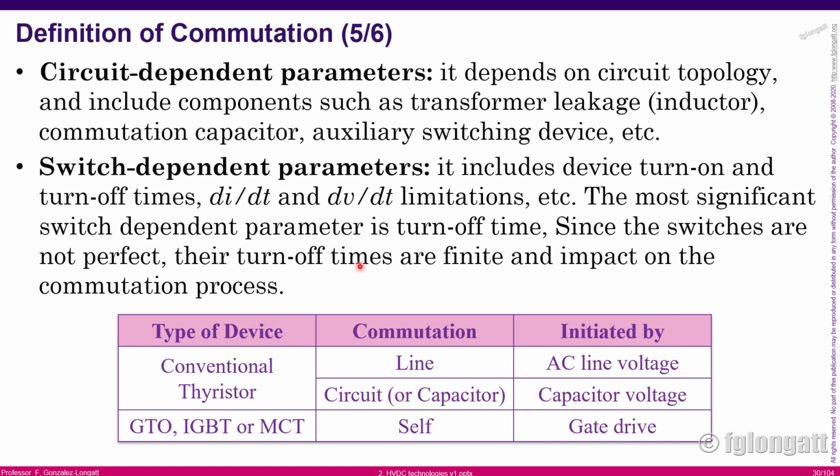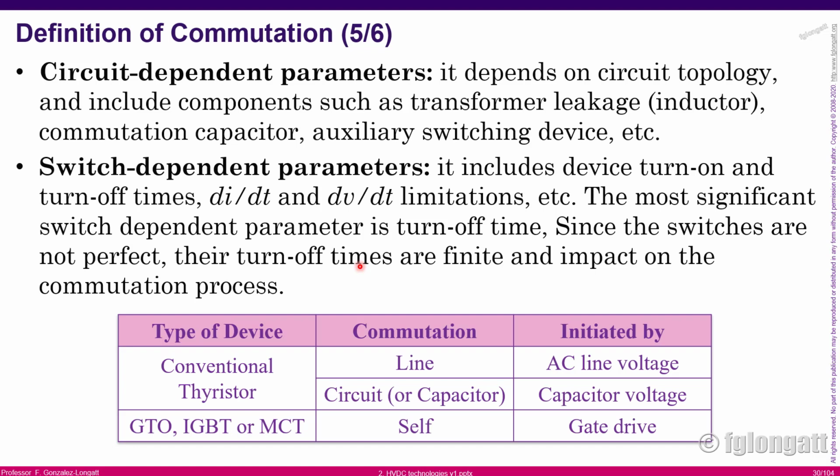Right now, we have here the definition of commutation, okay? As I said before, there are 2 important things when we are talking about commutation in power electronic converters, okay? There is something that is related with the circuit parameters, depending on the topology, including the components that are inside the converters, for instance, the inductors or capacitors, etc., that define the commutation.